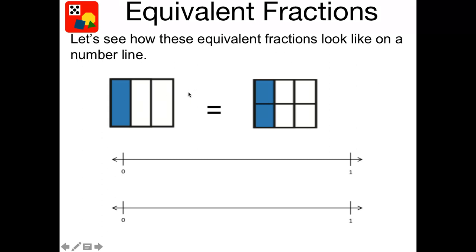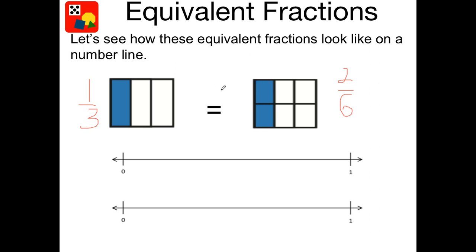It just takes so much space and takes longer to demonstrate, but I love using number lines. So let's name these fractions again. This first model is 1/3, and the second model is 2/6. And we have determined that these two fractions represent the same amount.